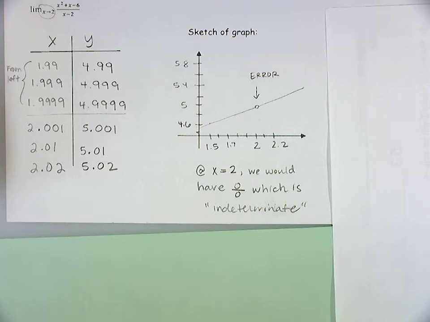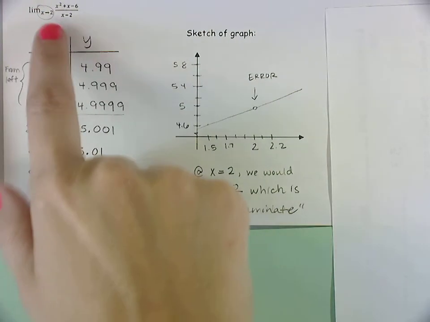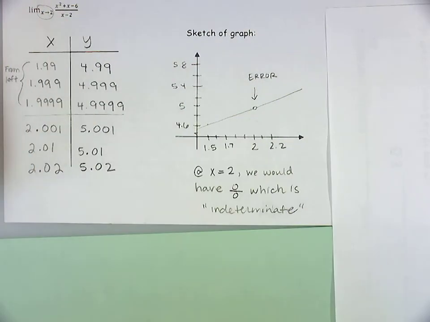That's why you're getting an error there. So even though it looks like a straight line, there is going to be a very small gap at x equals 2. We know that's true because if we plug in 2, you're going to have 0 on the bottom. That's when you would get 0 over 0, which we've already talked about today is indeterminate.